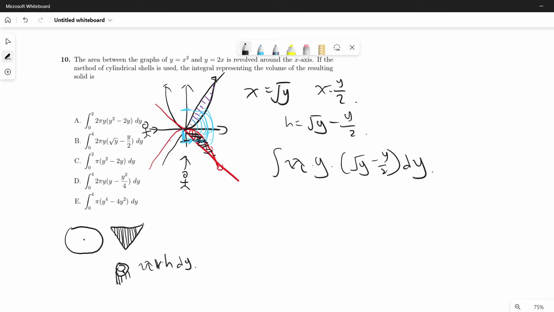So we have root y equal to y over 2. Square both sides, so y equal to 0 and 4. Right, we multiply both sides by 4, and 4y equal to y squared. So it will be 0 to 4 rather than 0 to 2. And here we can see that it looks like B will be the correct answer.